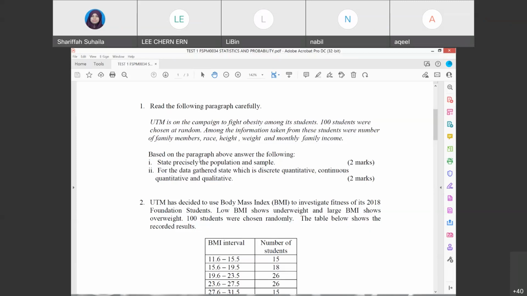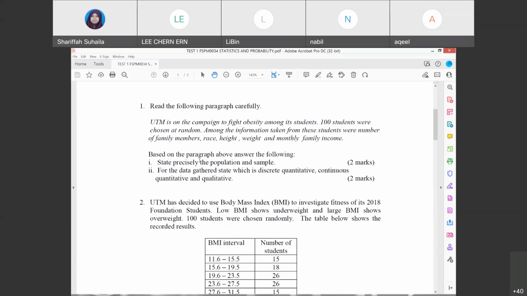Okay, the marks are not many actually, just one. So for the data gathered, what is the discrete quantitative? Discrete quantitative is something that you can compute, and then continuous quantitative and also your qualitative. So discrete quantitative, we have either 0, 1, 2, 3 and so on.